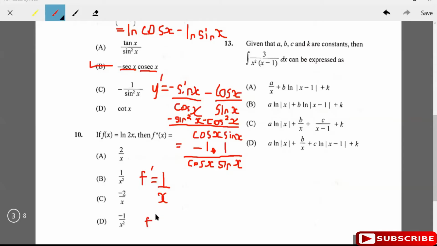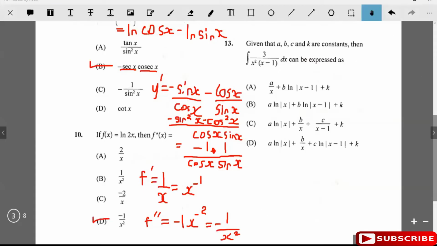And so f double prime is we differentiate this again. 1 over x is really x to the minus 1, so what we're going to get is minus 1 times x to the minus 2, which is minus 1 over x squared. That's option D.